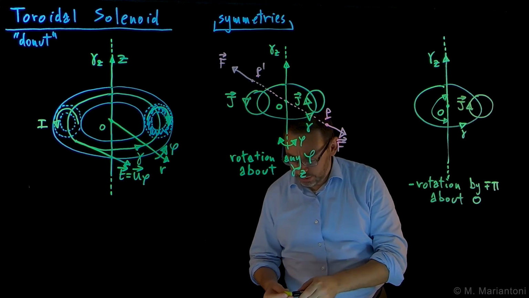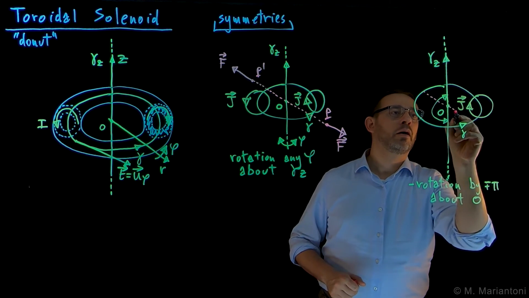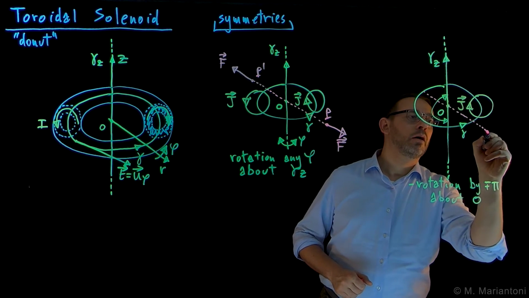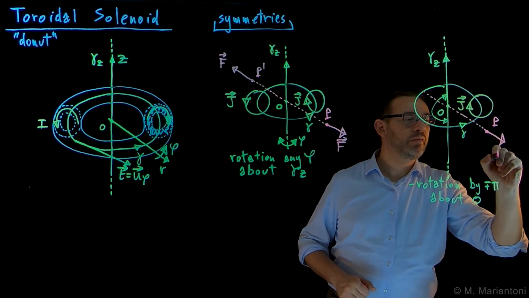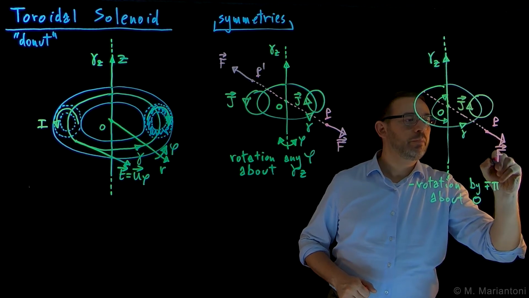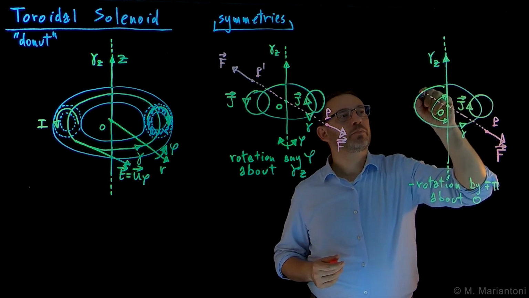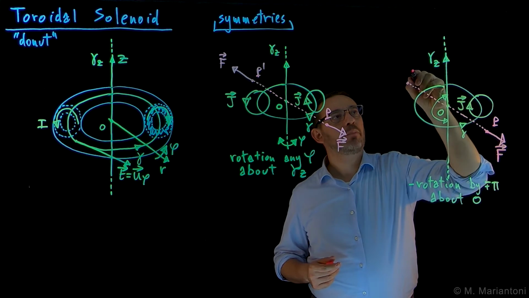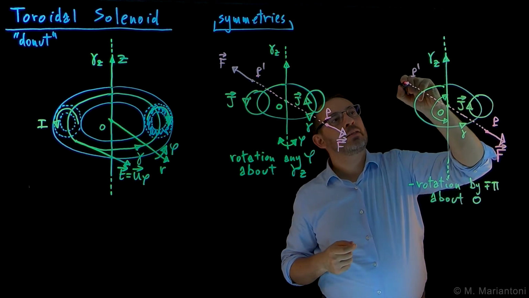Now, let's also consider, as always, our point P characterized by a vector field, whatever that is, F, an arbitrary vector field. I perform this rotation, so I should expect at a point capital P prime, a field exactly like this.